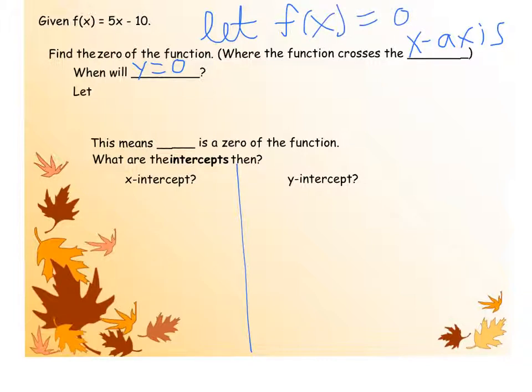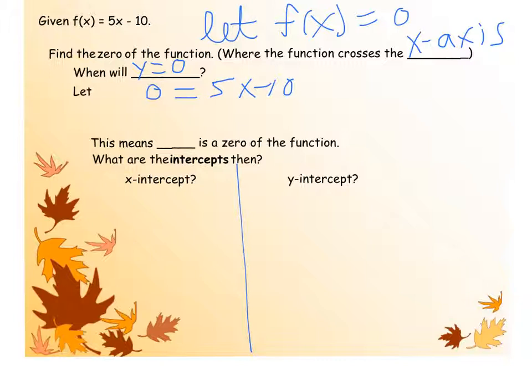This is completely different from the previous slide when we evaluated at x equals 0. So I'm going to take f of x, which is the left side of the equation, and put 0 in for it. And I'm left with this equation that 0 equals 5x minus 10.